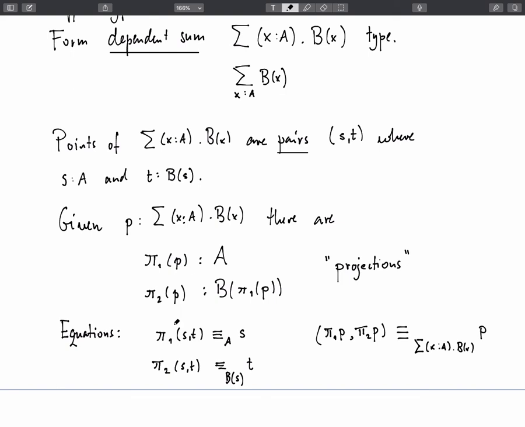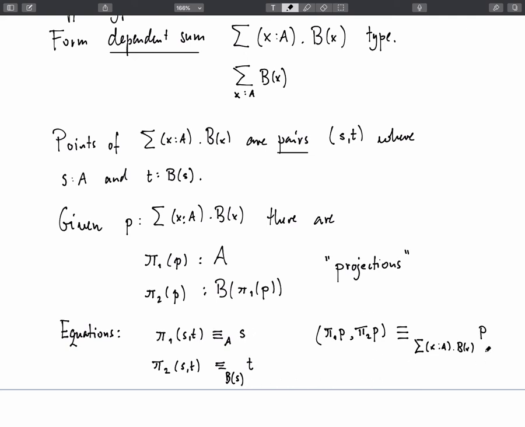Is there some way to now magically reconstruct how I got the 8? No, because there are many ways to get 8. But the first two equations are saying, no, no, no. When you make a pair, you're not forgetting the first and the second component. You're not sort of welding them together in some way so that you will never be able to figure out what they were initially. So that's what these are saying, right? They're saying, given a pair, you can actually look inside and get S out.